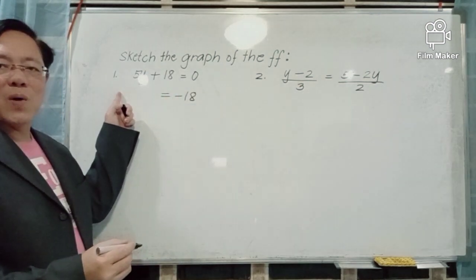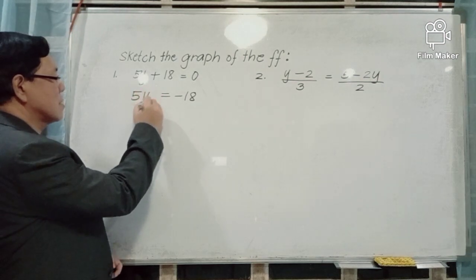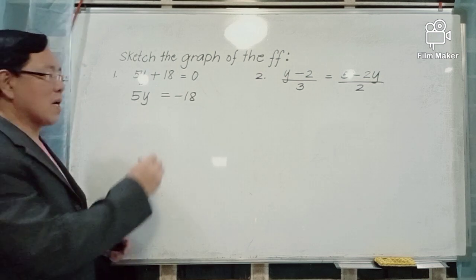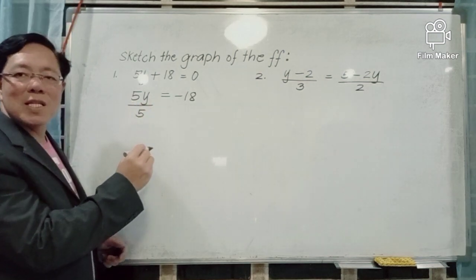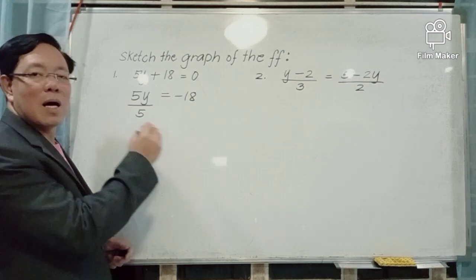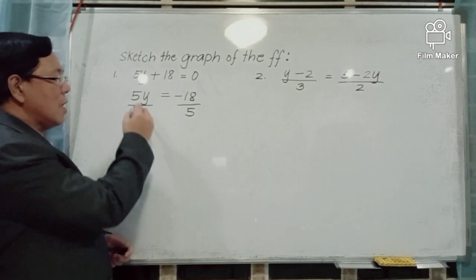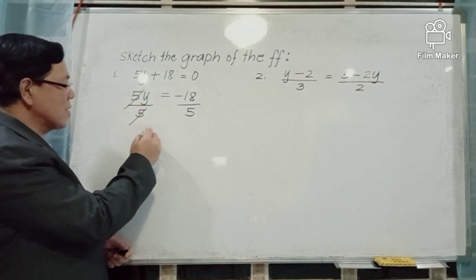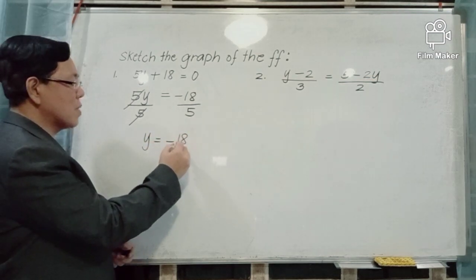And we have 5y at the left side of the equation. And we divide both sides of the equation by 5 to make the coefficient of y 1 at the left side. And 5 will cancel out from the left side, and we get y equals negative 18 over 5.